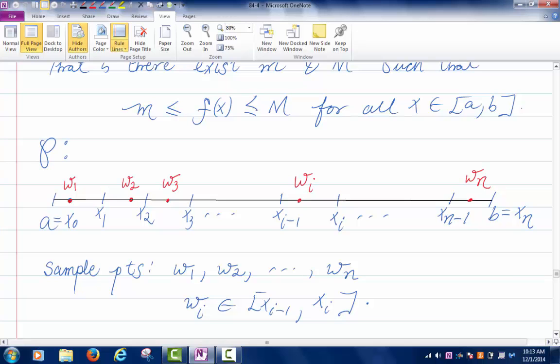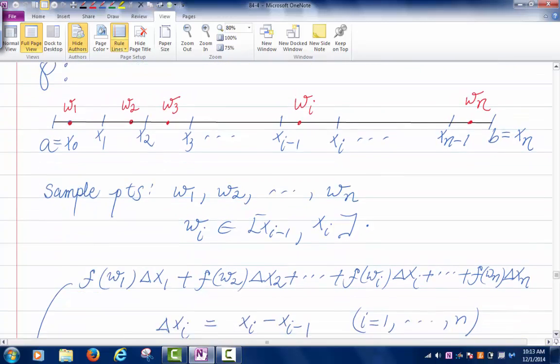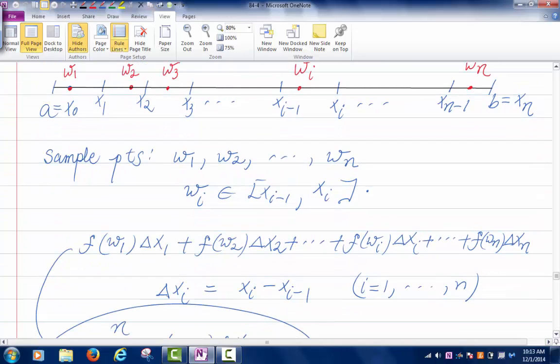And then what am I doing? Well, then given a function which is defined on this interval from A to B, we are evaluating the function at each of these sample points, and we are multiplying them by the lengths of the subinterval. So W1 comes from the first subinterval. I evaluate the function at W1, multiply that by the length of the first subinterval.